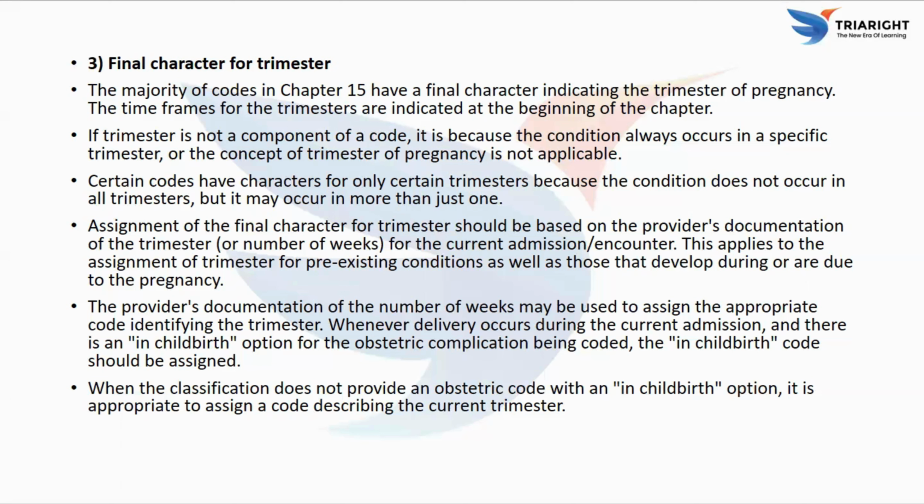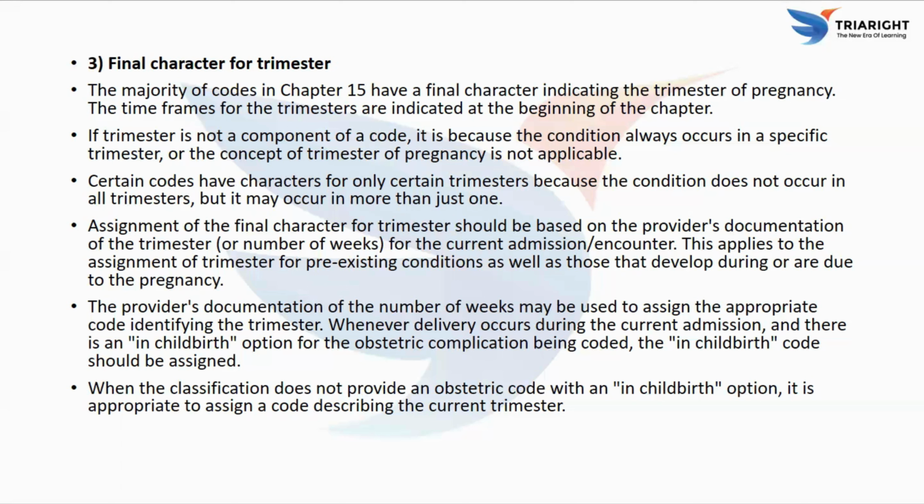If a code does not include a trimester option, that means the condition always happens in a specific trimester, or the trimester is not relevant to the condition. The third rule is that some codes apply only to a certain trimester. For example, a complication that occurs only in the third trimester will only have the ending for the third trimester.